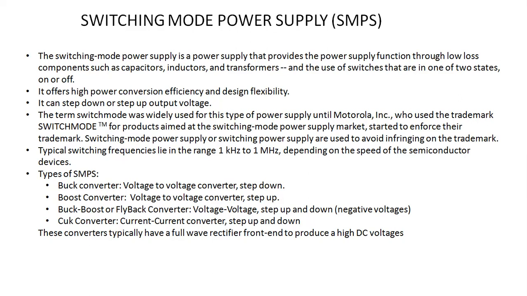At that time, we call that type of converter a buck converter. And if we are increasing the voltage level at the output, we call it a step up voltage regulator, or a boost voltage regulator. Buck boost, or flyback, is used if we are supposed to change the polarity, that is, invert.